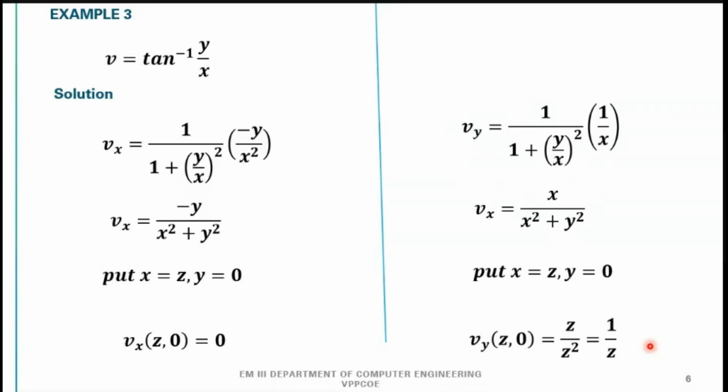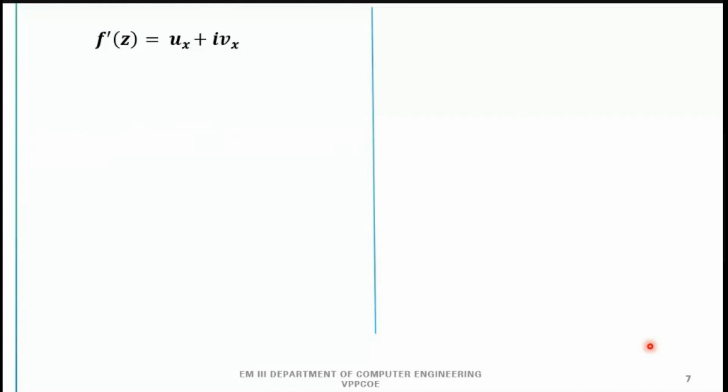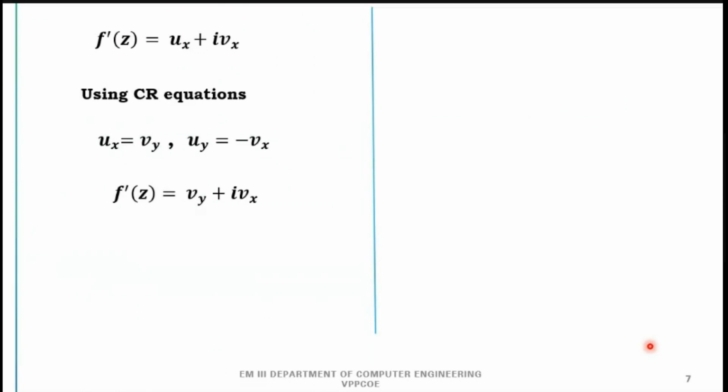So next one. So we have calculated Vx and Vy. Now substituting in f dash of z, that is ux plus ivx. Again, we do not know the ux function, so we will convert ux to Vy. That is equal to Vy plus I into Vx.